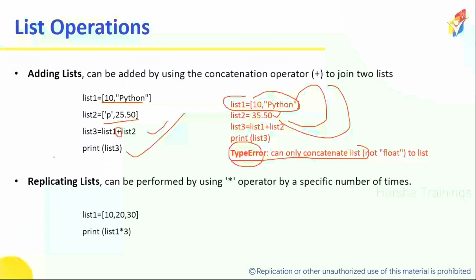Now this is called the plus operator. Next I'm going for the star operation. If I want to perform the star operation, this is called replication, also called the repetition operation. Please look at here. Now list 1 of 10, 20, 30. I want to repeat this list 3 times, so 10, 20, 30 will be printed 3 times. Now let us demonstrate this.